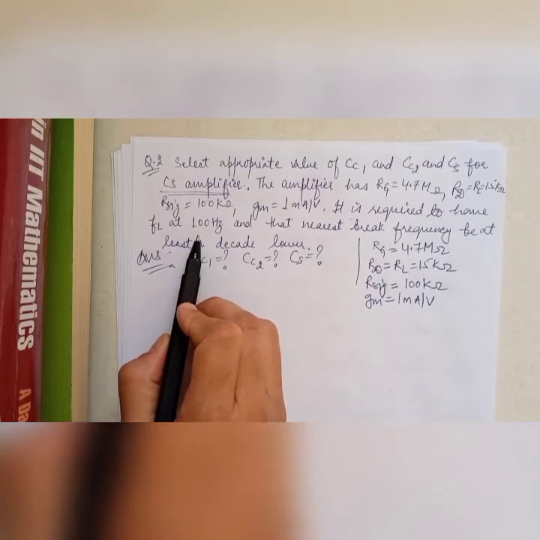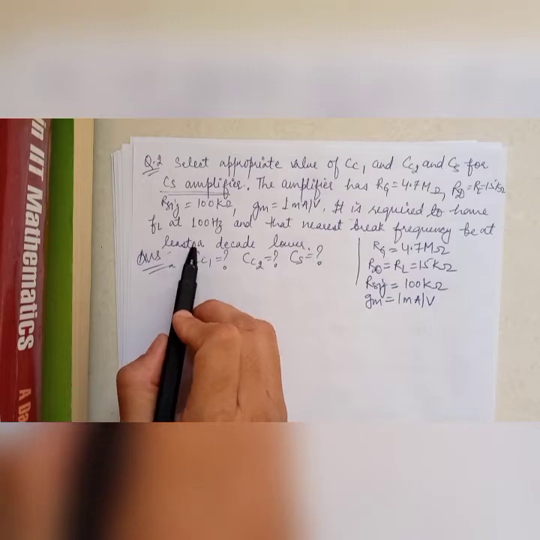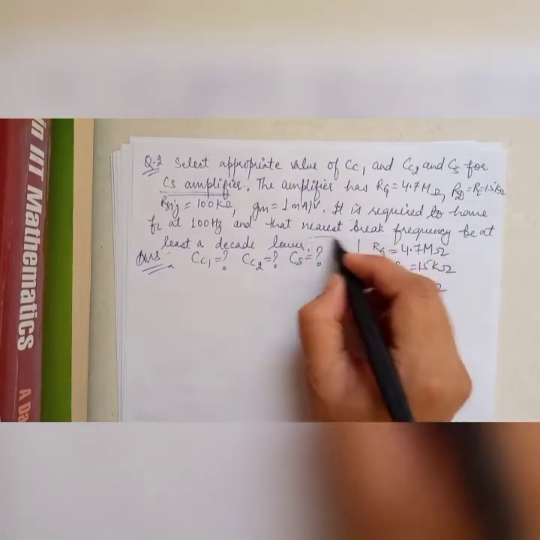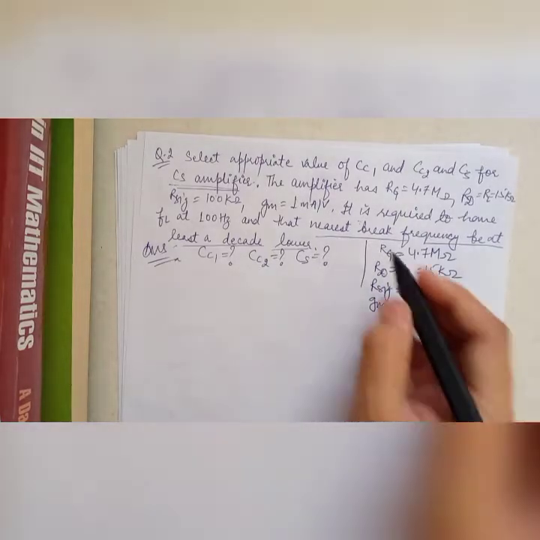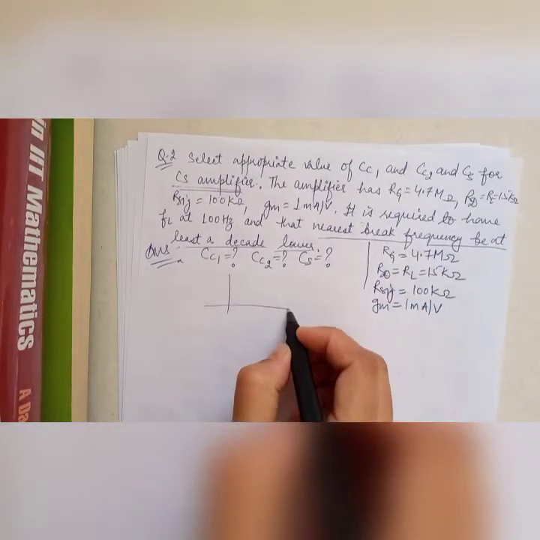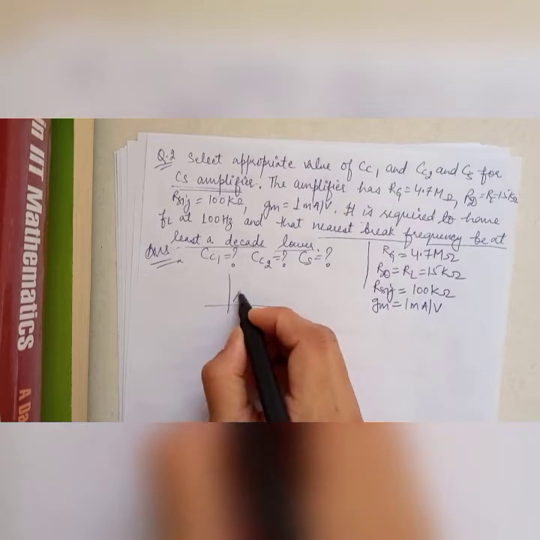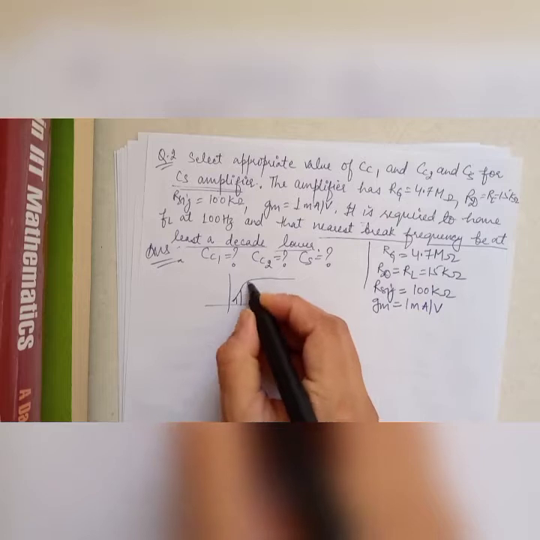So they're saying you need to have FL at 100 Hertz. And one more thing is available to you, that the nearest break frequency be at least a decade lower. So we have this problem from low frequency response. The frequency response comes like this. Here we have 3 breakover frequencies.